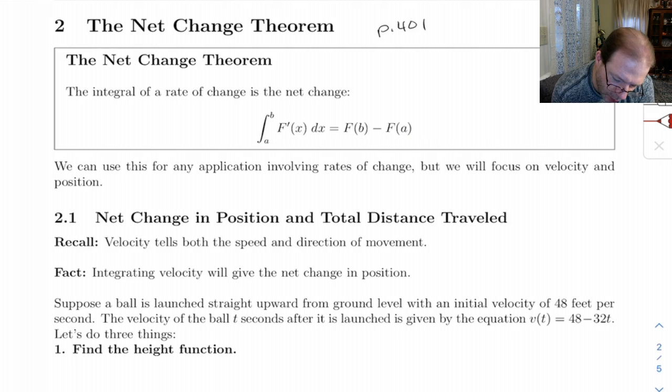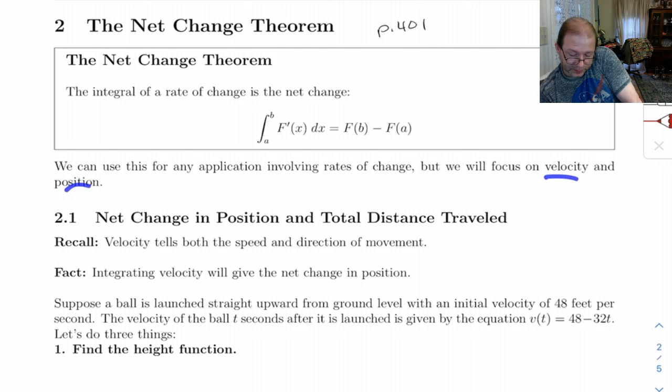And if you look at page 401 in the book, they give a bunch of different examples of situations where you could use this. But we are going to concentrate on things where we're looking at velocity and position. So I want to look at two things: net change in position and total distance traveled.